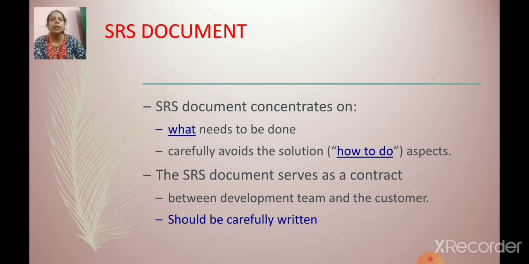If there is any doubt or controversy, the customer and the team members refer to the SRS document. To develop the product, engineers refer to the SRS document. To test and to write the user manual, all the engineers depend on the SRS document. So the SRS document should be written carefully.